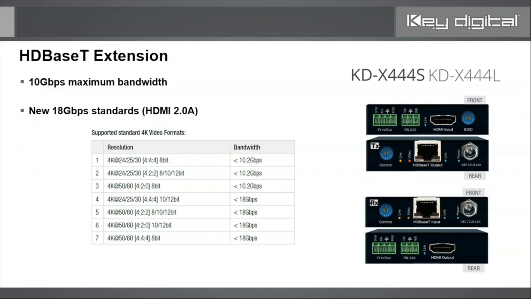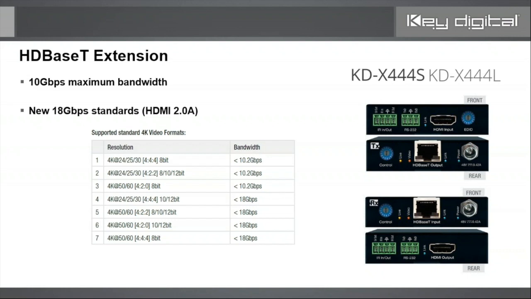The pipe was too small for the data. And so now you've seen products, and of course HDBaseT themselves, a great organization, they're always updating and trying to present solutions for this problem and other problems, of course.